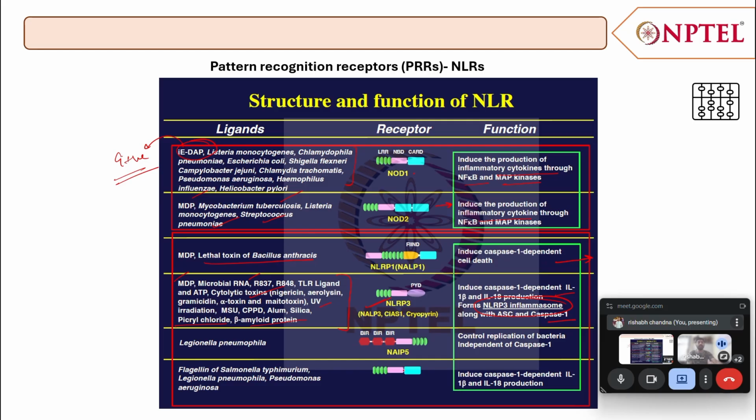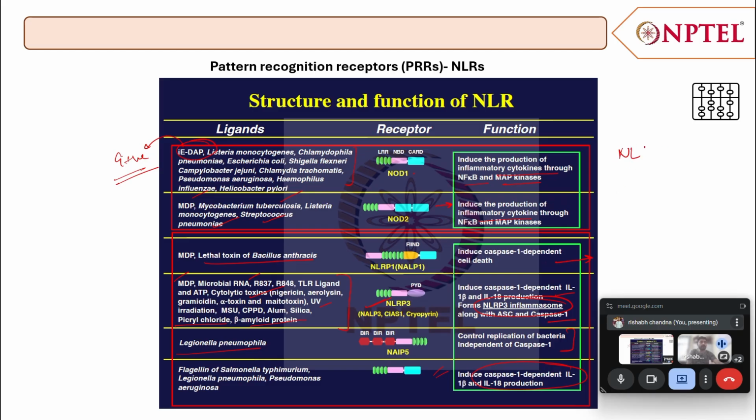Okay, then NAIP5, that is induced by Legionella pneumophila. These control replication of bacteria independent of caspase. Then we also have another NLR that can induce caspase 1 independent IL-1 beta and IL-18 production. Okay, so this is typically how they work.